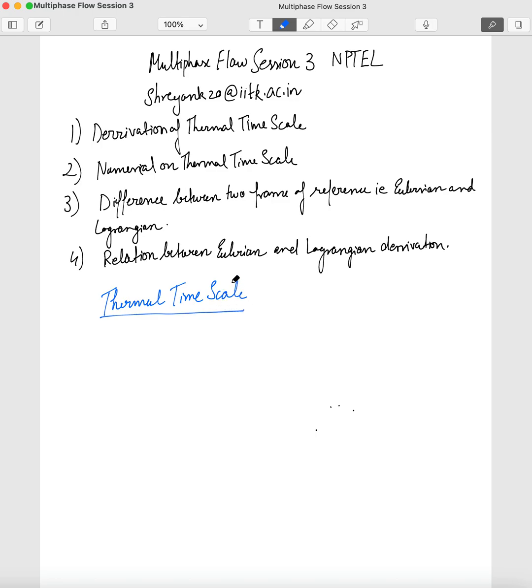We have already discussed the particle or disperse phase time scale, which is the time in which the particle responds to the fluid velocity, or how it is affected by the fluid.